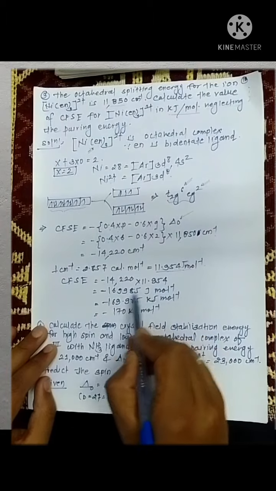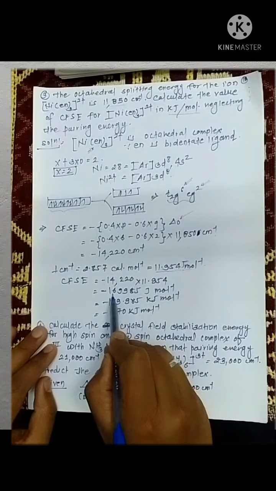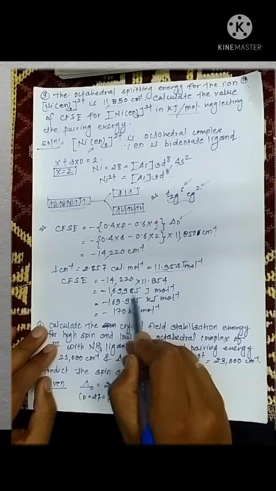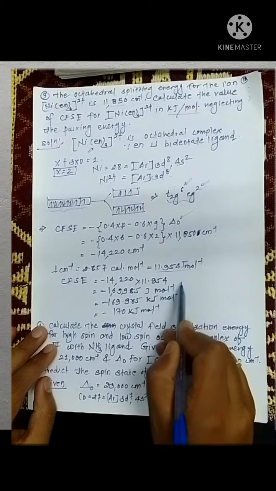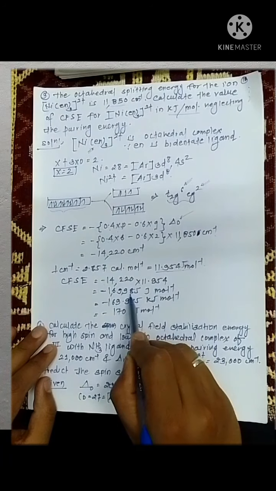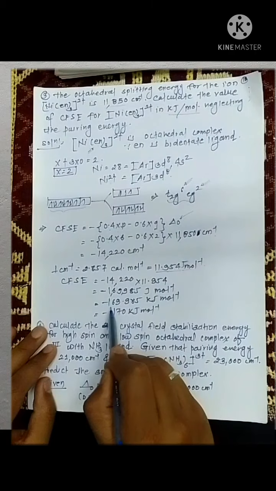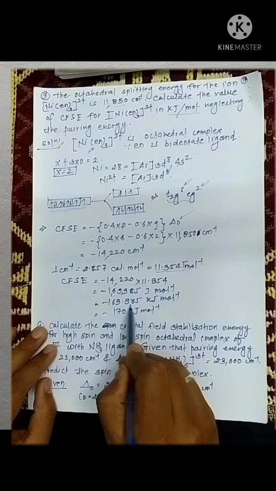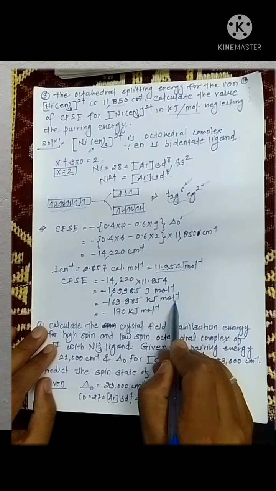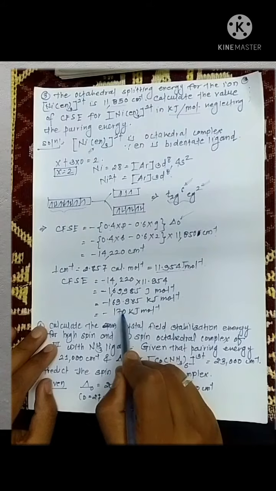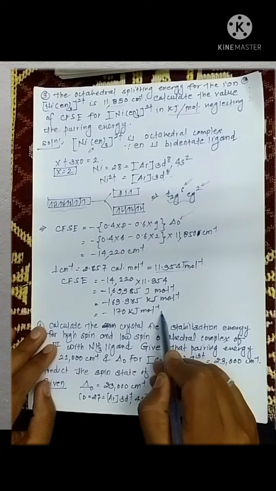After solving this, we come up with minus 169,985 joule mole inverse. Convert this value into kilojoule just by dividing by 1000. So that is equal to minus 169.985 kilojoule mole inverse, that is approximately equal to minus 170 kilojoule mole inverse.